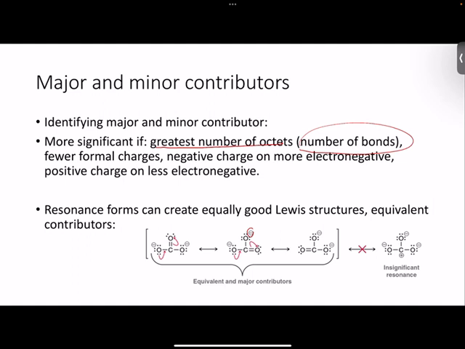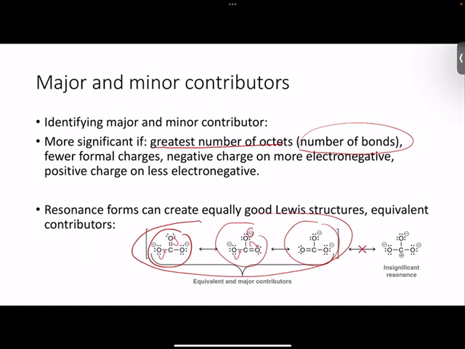Also, we need to consider that resonance forms can create equally good Lewis structures. What it technically means is that, for example, if we do resonance on a structure like this one, and you look at all of these, they look the same, right? They have the same formal charges.